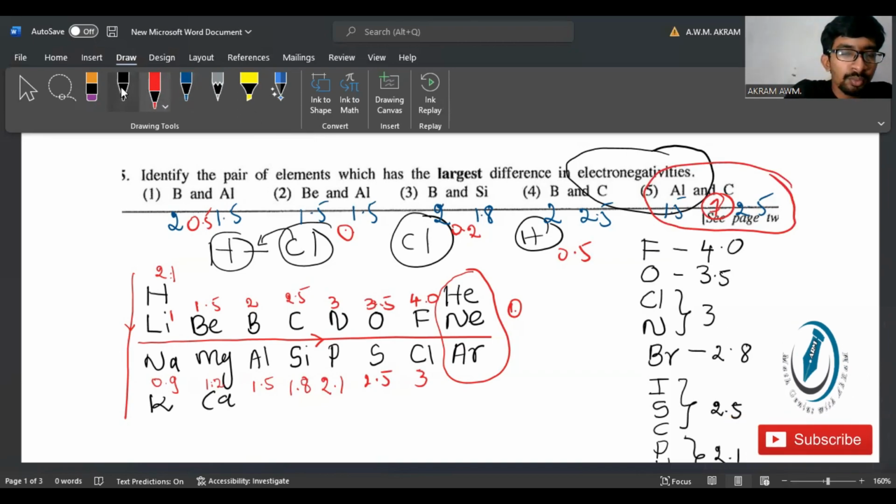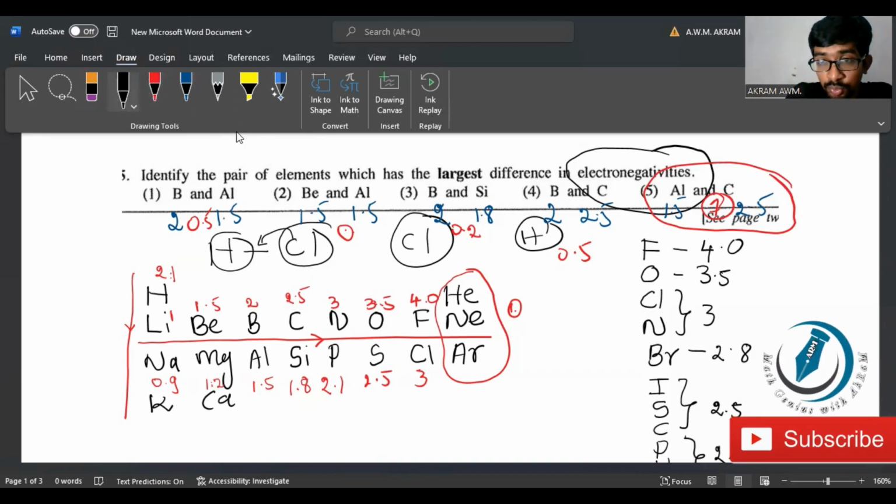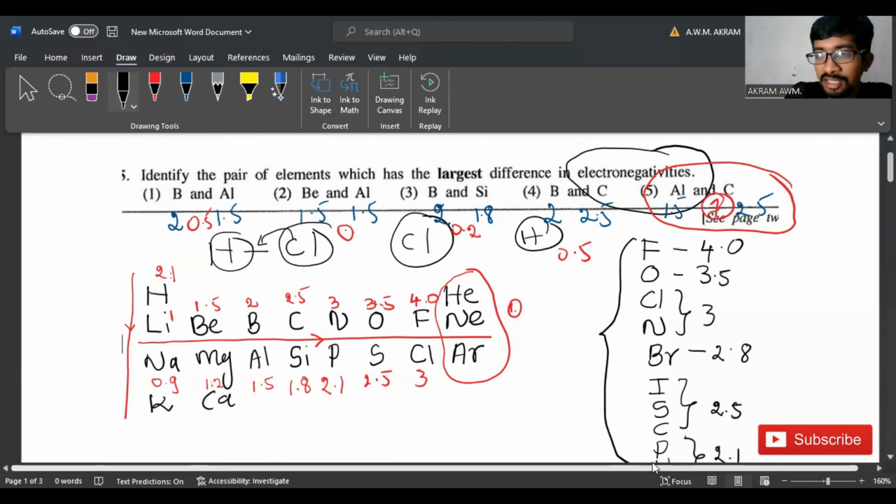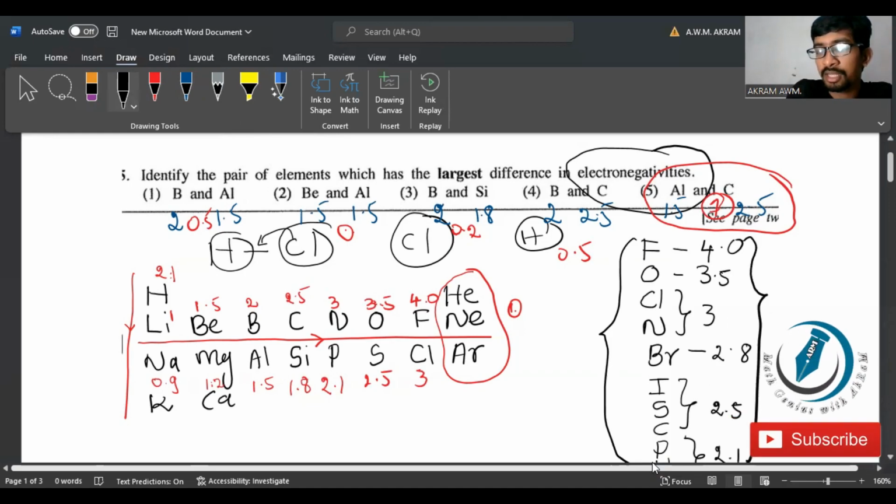We also have an easy method to remember these elements. This will be easy for Tamil medium students.